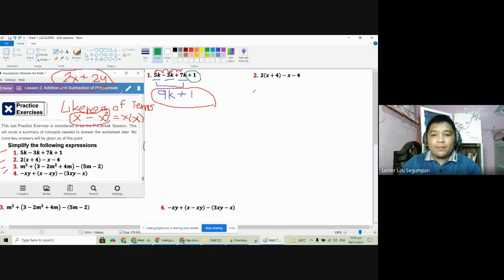The distributive property tells us to multiply this coefficient outside to all the terms inside. And that would actually be multiplication. So 2 times x, you have 2x plus 2 times 4, which is 8. Also, do not assume to include this one because the remaining terms here are not part of the grouping symbol.